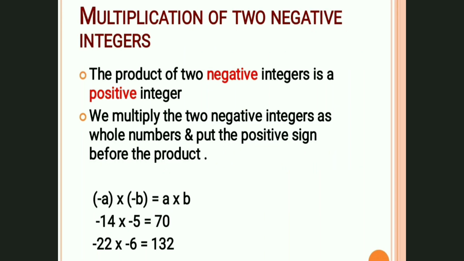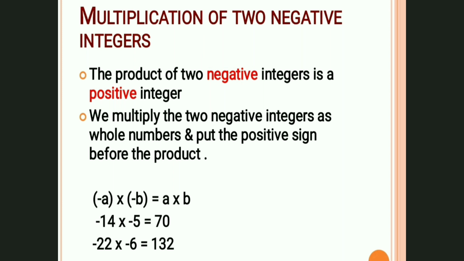Now next is multiplication of two negative integers. The product of two negative integers is a positive integer. We multiply the two negative integers as whole numbers and put the positive sign before the product. That means minus A into minus B is equal to AB.